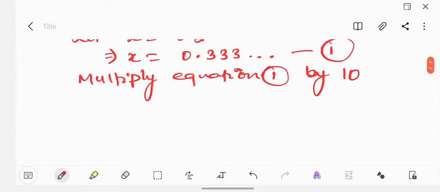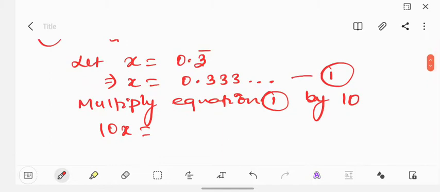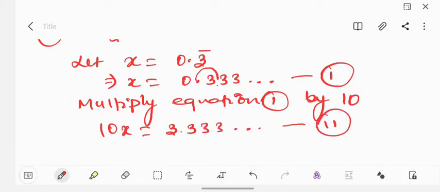So the result will be 10x equals, after multiplying 10 with this particular decimal, the decimal shifts one step next. So it becomes 3.333. That becomes equation number 2. Now we need to check whether equations 1 and 2 have the same number of digits after the decimal.